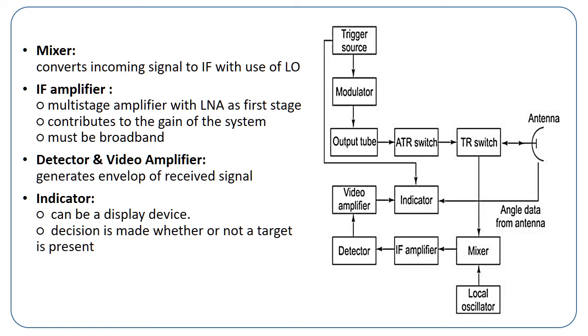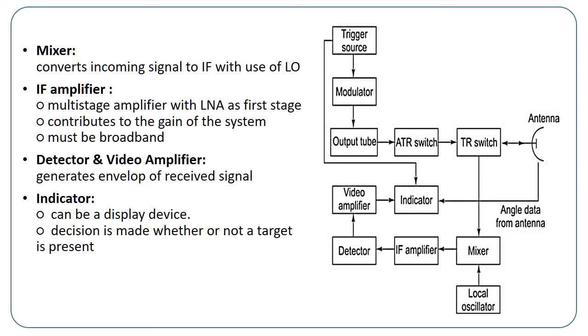Output of this IF amplifier is then passed through the detector, which is a crystal diode, and then through the video amplifier, which generates the envelope of the signal. This detected signal is then given to an indicator. An indicator can be a display device.